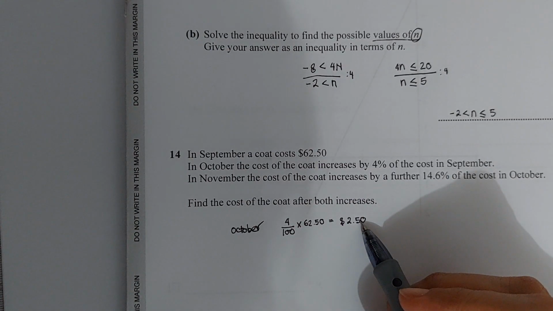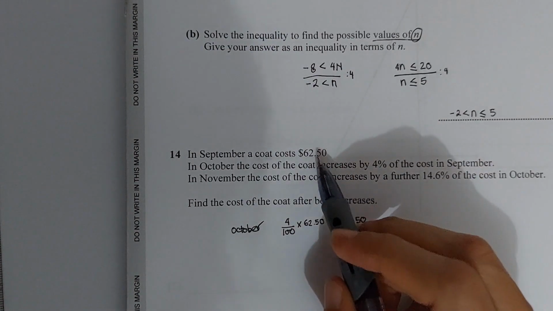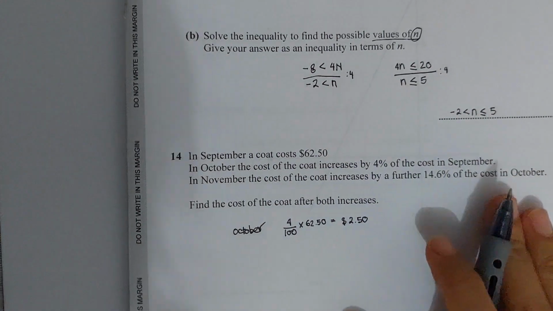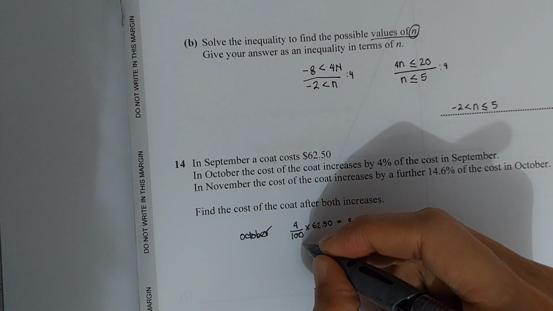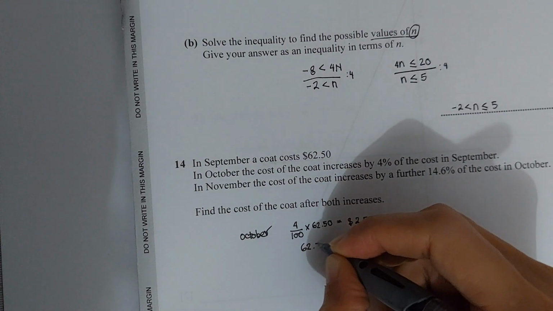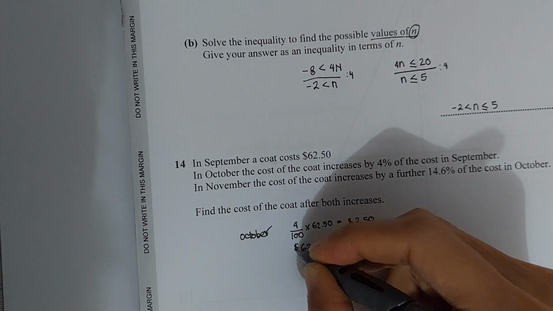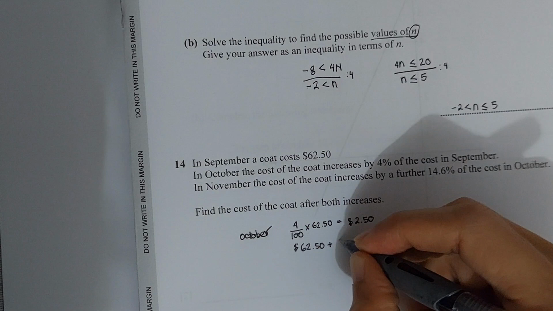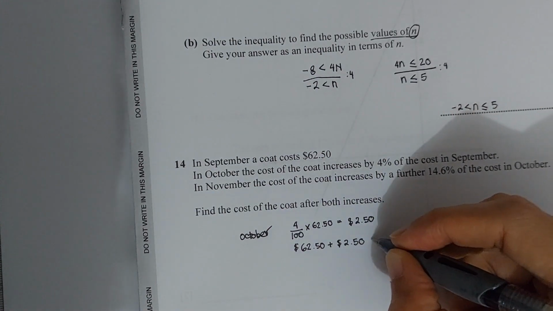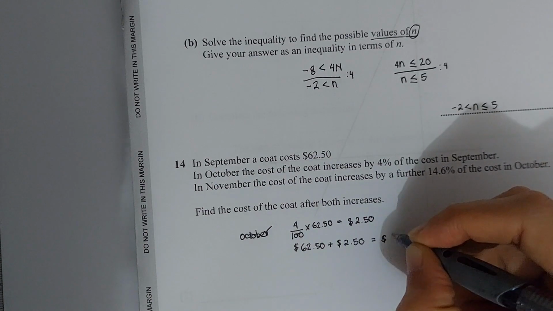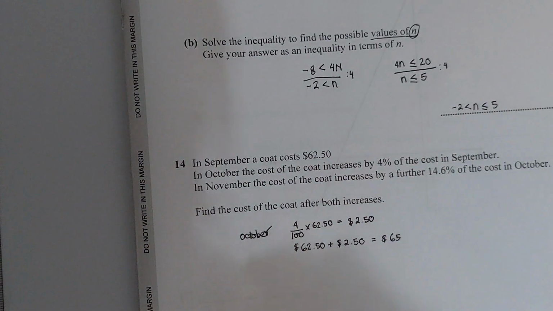This $2.50 will increase the cost of the coat, right? So still in October, the cost of the coat will be $62.50. You add it by the increment $2.50. This one will give you $65. Am I right? Yes, I'm right.